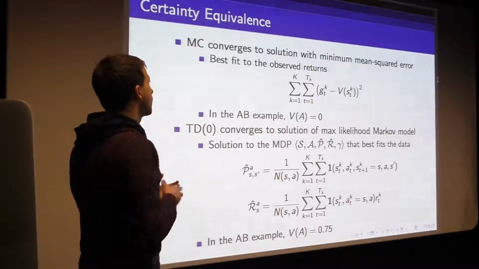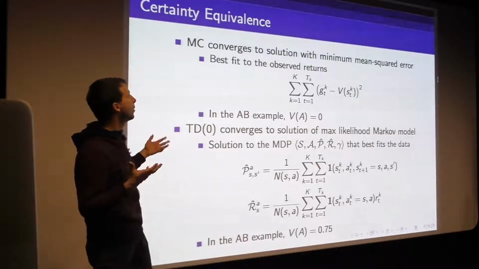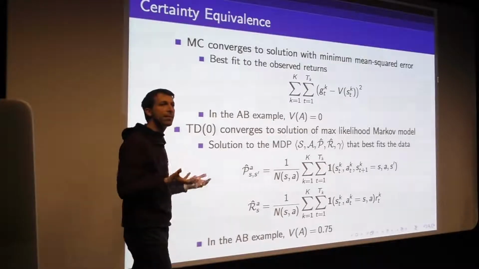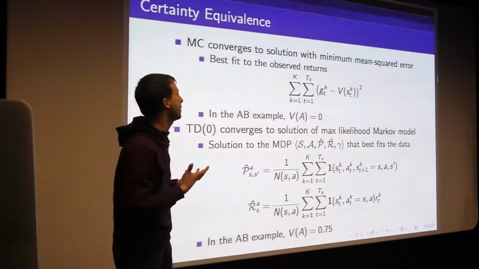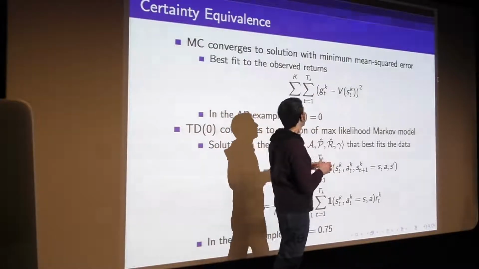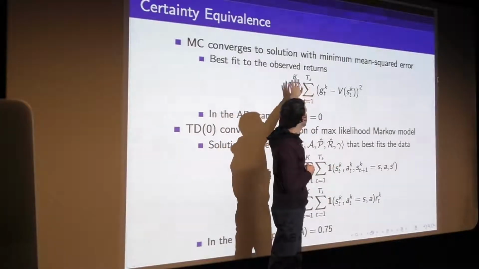Now that we understand that, we can see what these converge to. Monte Carlo always converges to the solution that minimizes the mean squared error. So it finds the best fit to the actual returns that we've seen. If we saw these particular returns, Monte Carlo just minimizes the mean squared error over all time steps, all episodes.